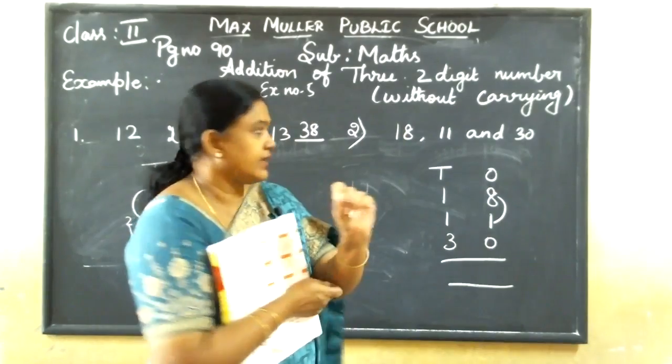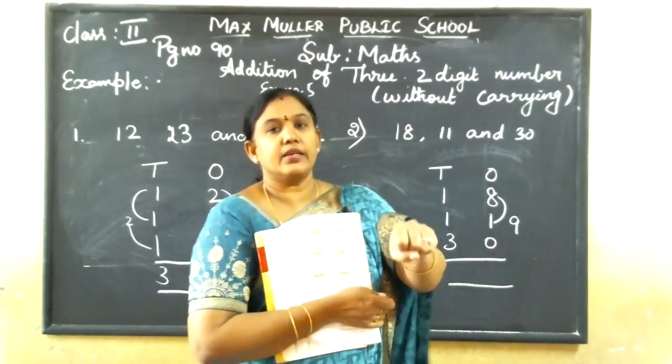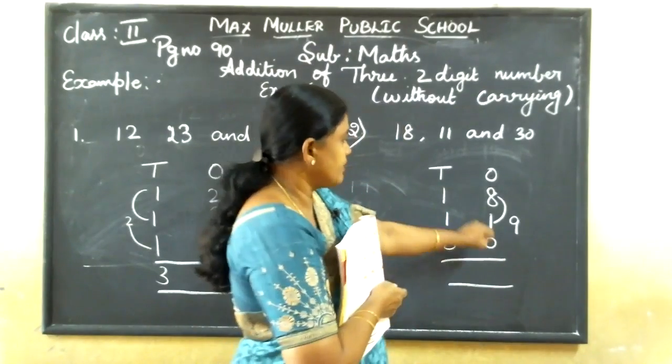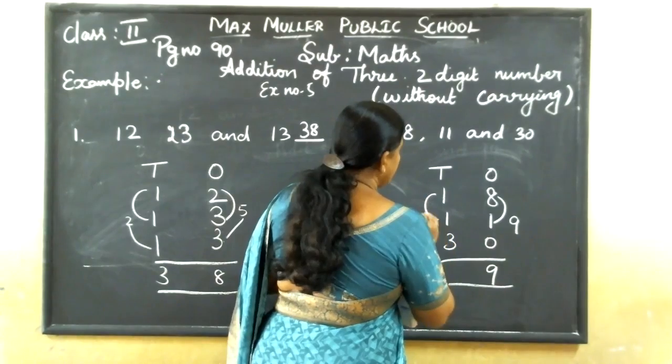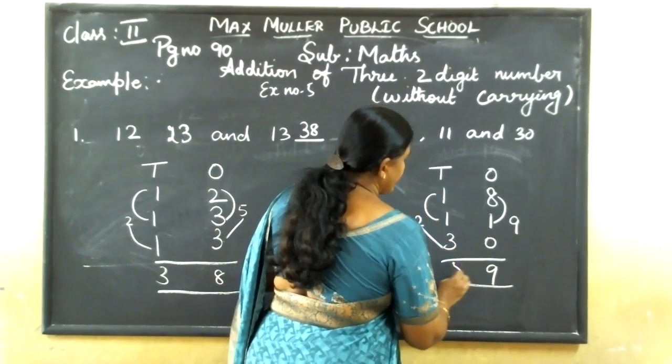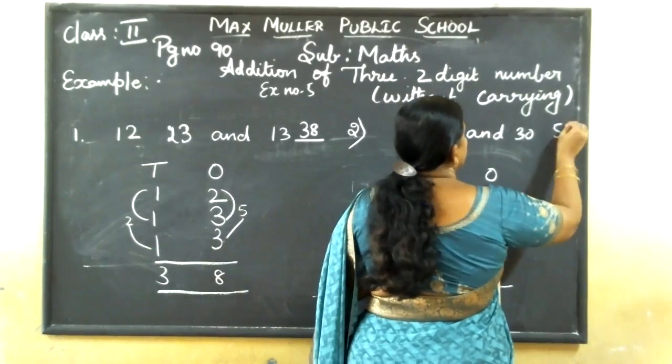After 8, 9. 9 in the mind, 0 on the finger. After 9, what will come? 9 plus 0, 9 only will come. 9. 1 plus 1, 2. 2 plus 3, 5. For the second one, answer is 59.